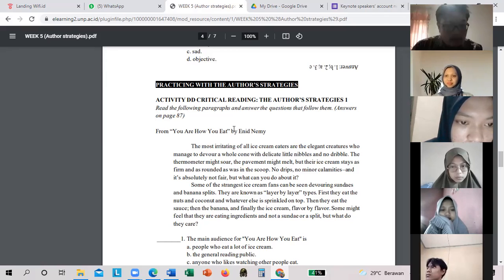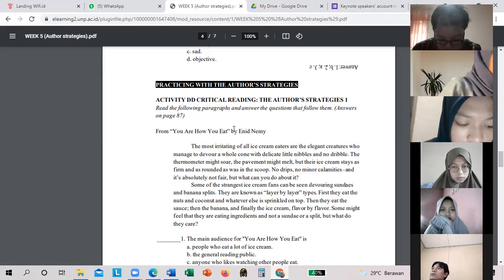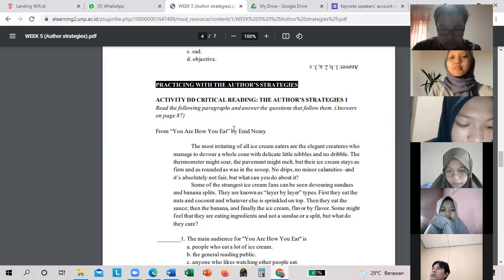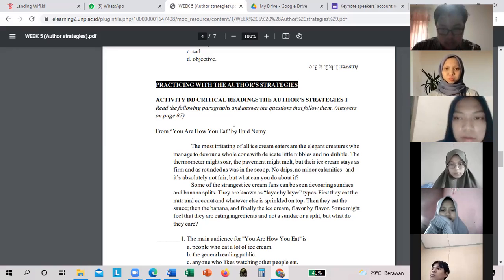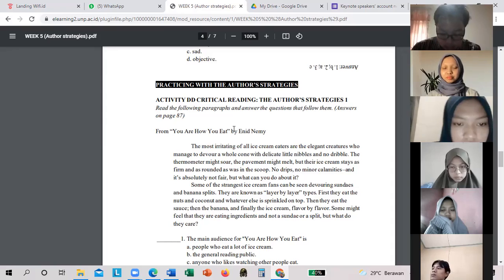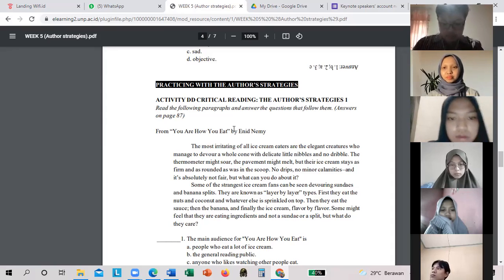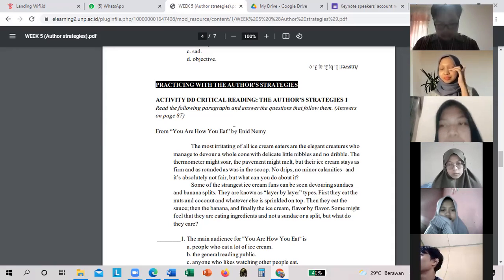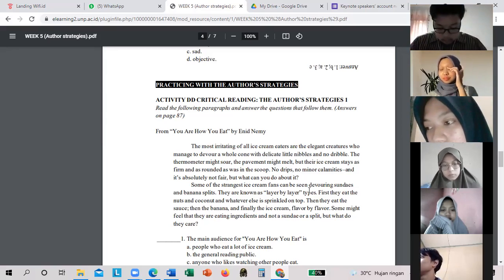So it's kind of sindiran to the way people behave in eating ice cream, right? The people eat ice cream elegantly, but actually ice cream may not be eaten elegantly. So it's kind of satire or criticism.